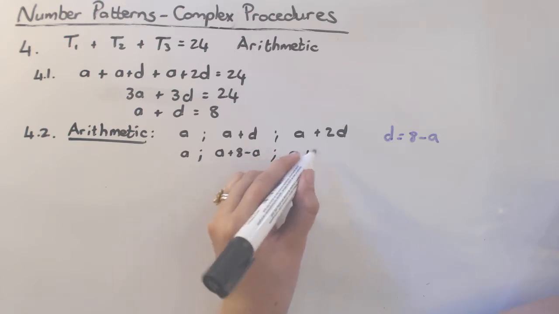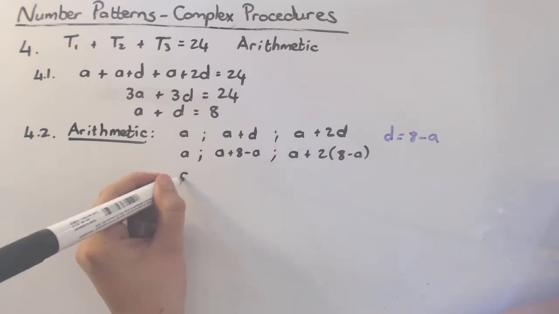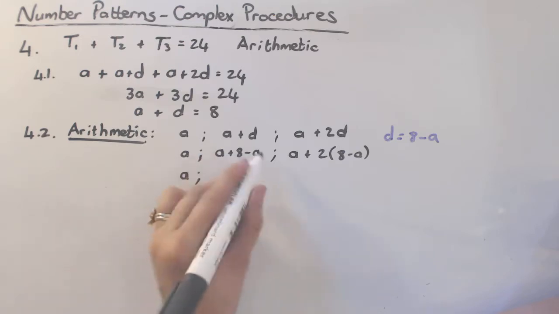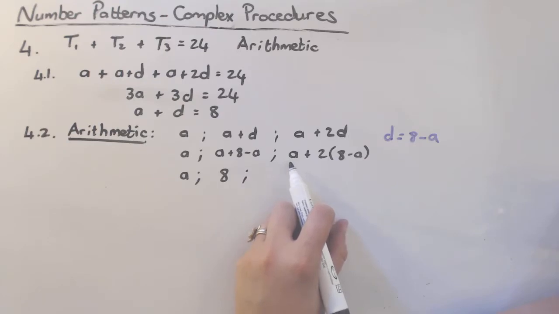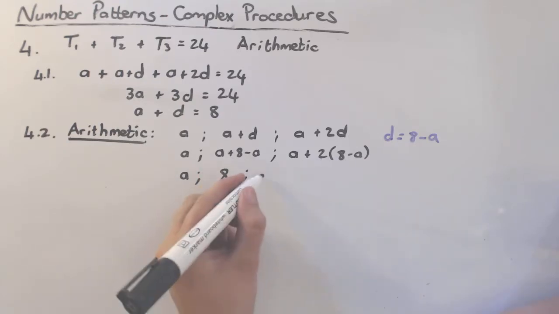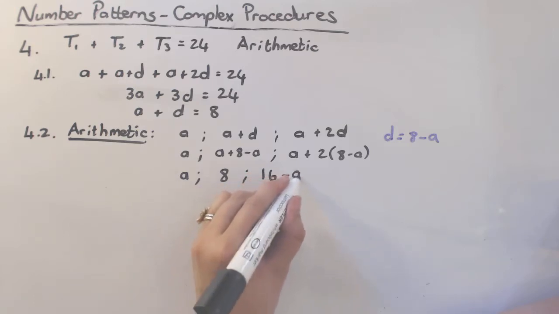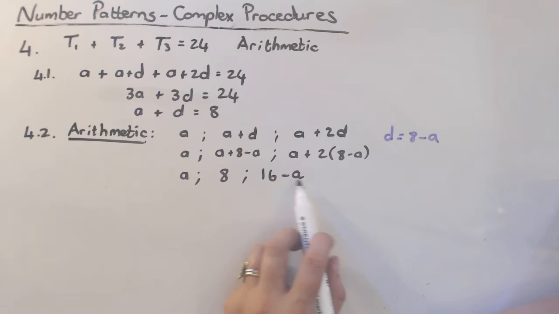and this is A plus 2 times D, which is 8 minus A. Then this term looks like this. I know this second term is 8, and this is 16 minus 2A, so 16 minus A. A minus 2A is minus A, and 2 times 8 is 16.